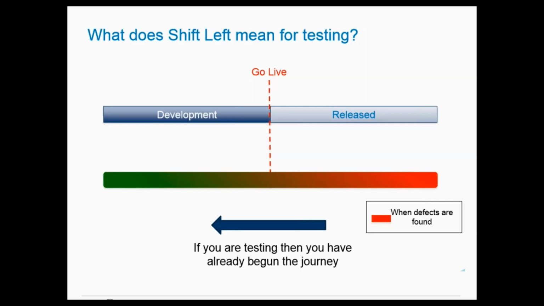Why? Because we are finding them at a very late stage. So if we can perform that testing when we have already started the journey, that's going to make a big impact, and that is what shift left is talking about. If we can do things early, that's what it is about.